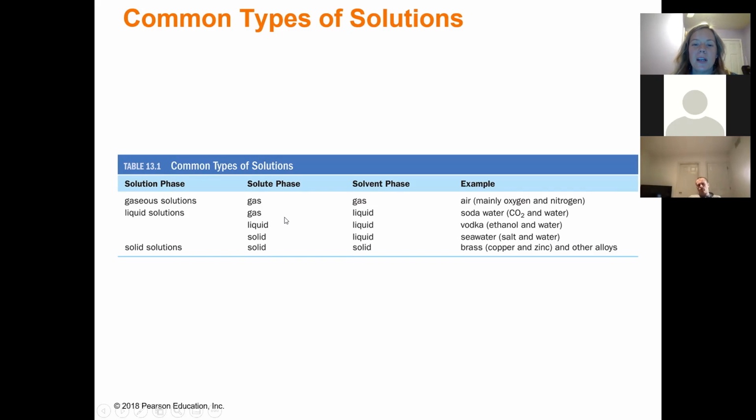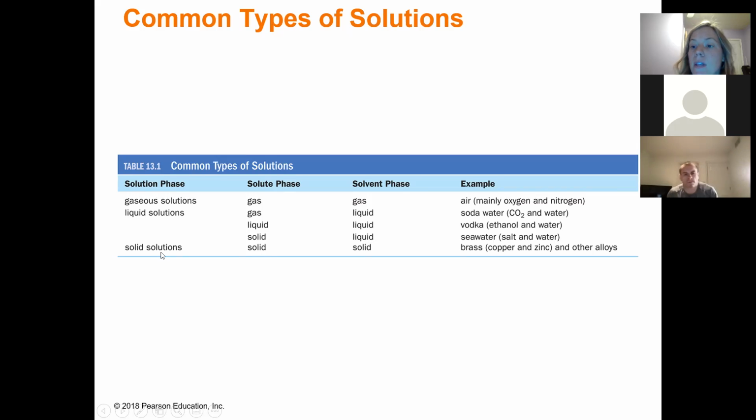Liquid solutions, which I feel like is where we spend most of our time. We can have gases dissolved in liquid like soda water. We can have liquids dissolved in liquid like alcohol, vodka. You buy hard alcohol, you don't buy pure alcohol or pure ethanol. It's cut with water, and that gives it whatever proof it's at. And then we can have solids dissolved in liquid, like a salt dissolved in liquid.